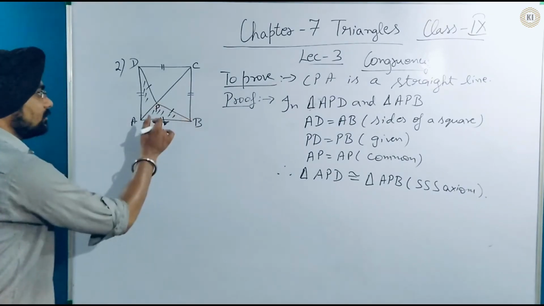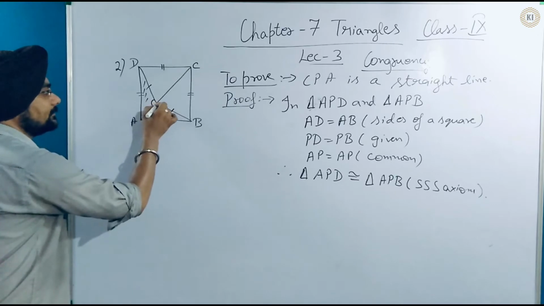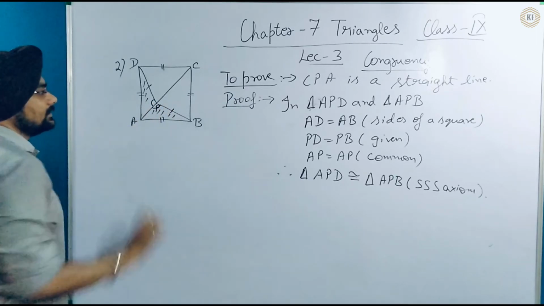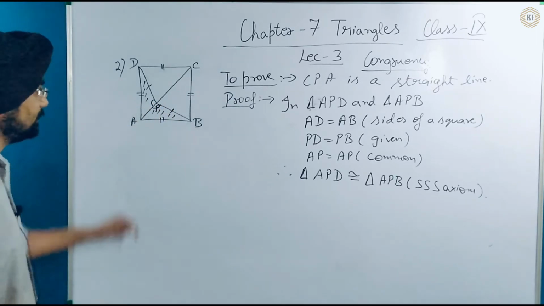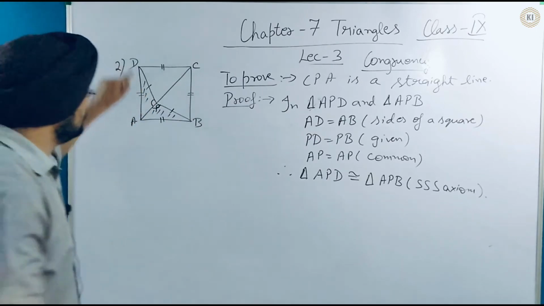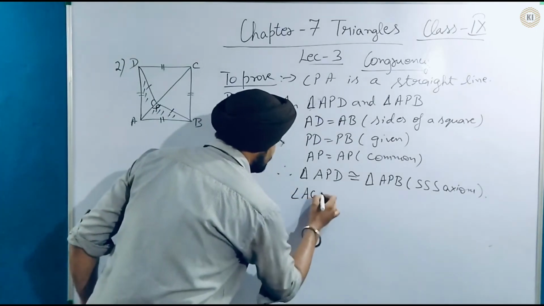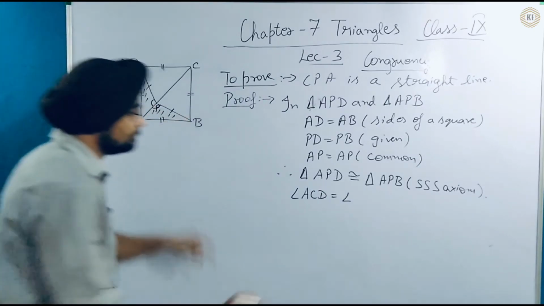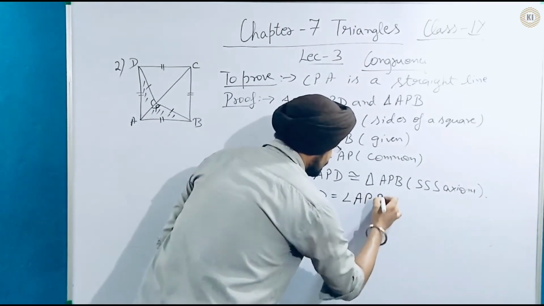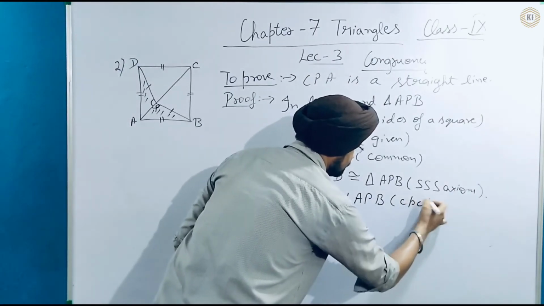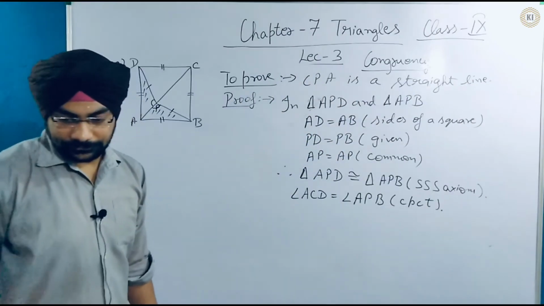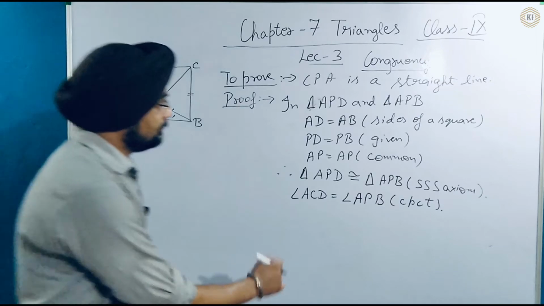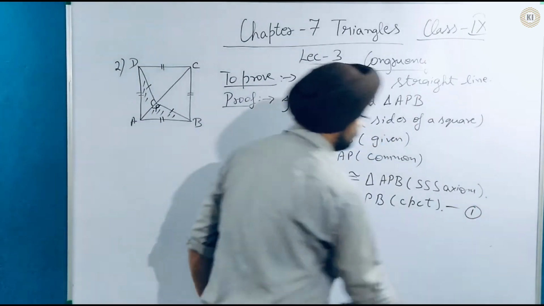If the triangles are congruent, so these two angles are equal by CPCT. So angle APD will be equal to angle APB by CPCT. So you can give this as a first equation.